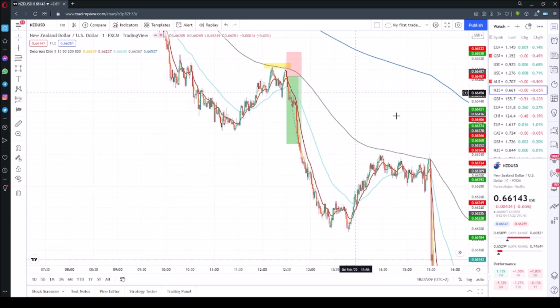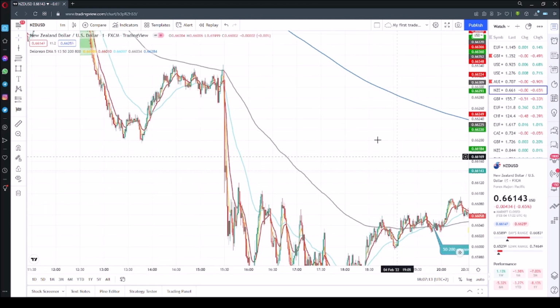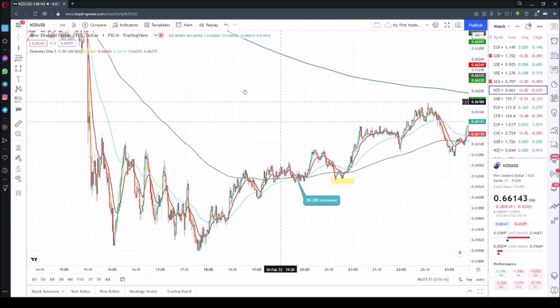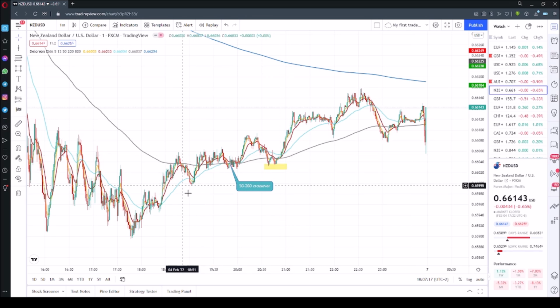Then unfortunately I couldn't continue, because right now we are almost at the end of the chart. At this point, this is where the chart is right now, and during the time of recording the market is closed. So we had a beautiful W pattern on the 200 EMA after the crossover. So basically that is what you'll be looking for when you are scalping.